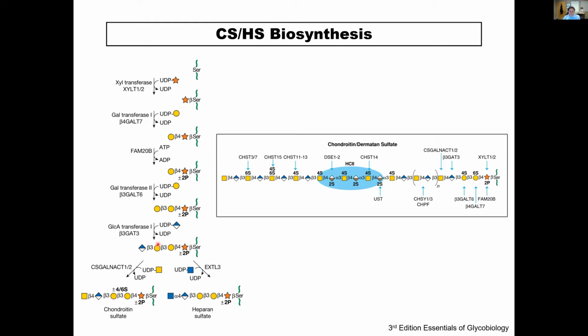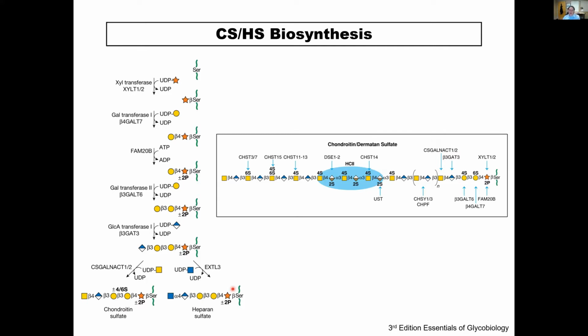After this step, depending on what sugar is added next, it will go down these 2 pathways. Either you get biosynthesis of chondroitin sulfate if you add an N-acetyl galactosamine, or if you add an N-acetyl glucosamine, which EXTL3 is the enzyme that adds, then you will biosynthesize a heparan sulfate chain.